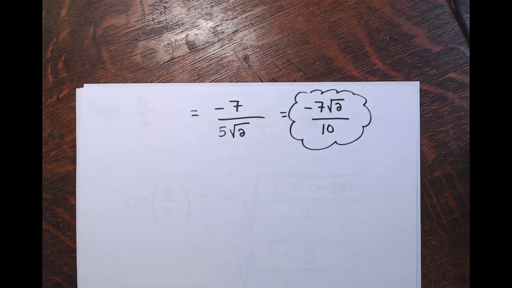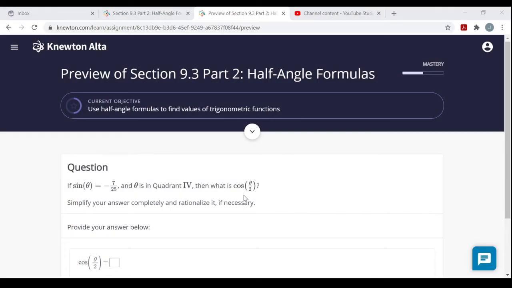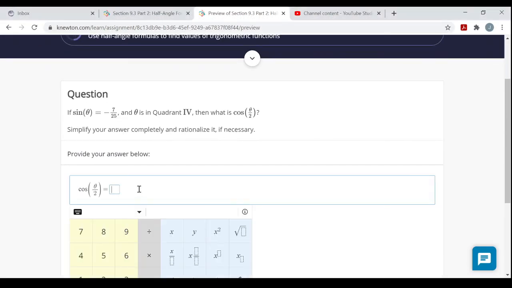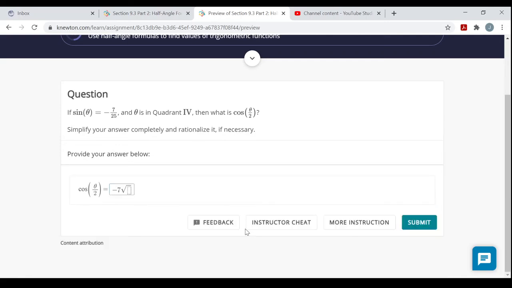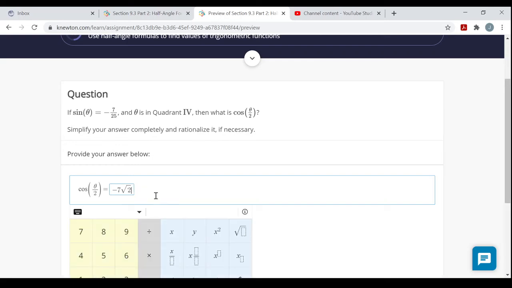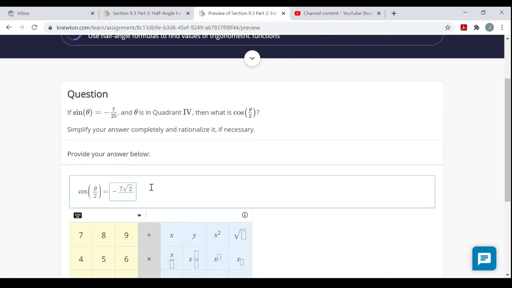And that's what I'm going to enter. So back here, I'm going to put in negative 7 times the square root of 2, and then all of that divided by 10, and make sure the 10 is not in the square root.